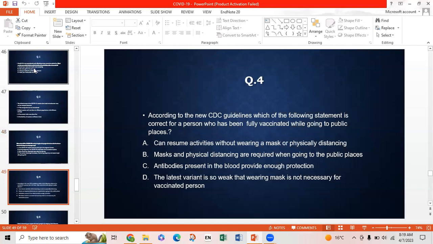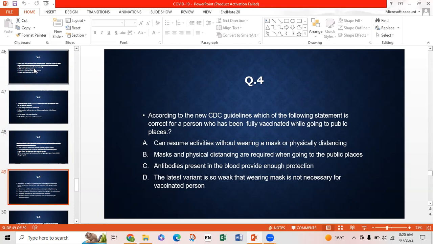Fourth MCQ: according to new CDC guidelines, which of the following statements is correct for a person who has been fully vaccinated while going to public places? Option A, can resume activities without wearing a mask or physically distancing. B, mask and physical distancing are required when going to public places.